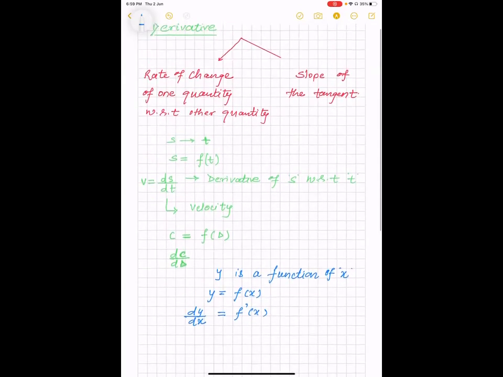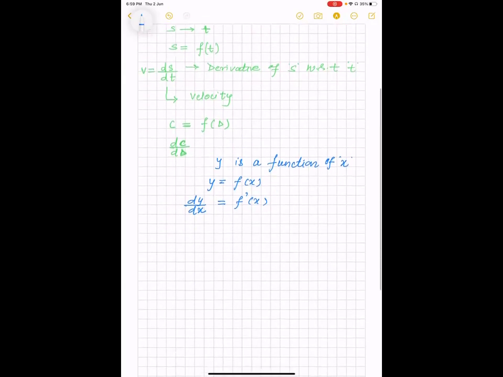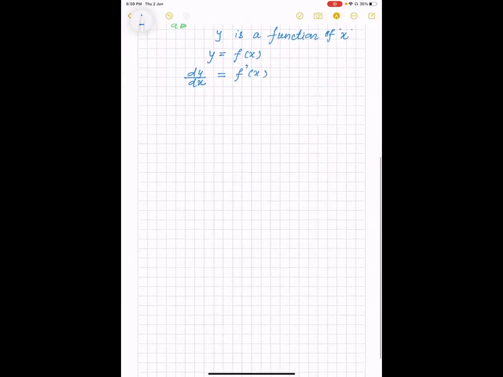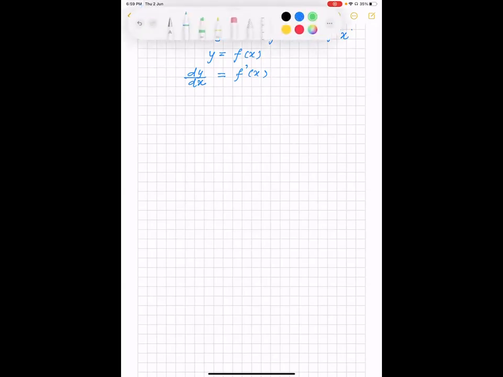Now, after knowing how to represent derivative, the question comes, how do you differentiate? For that, we have some set of formulas which we will be following to find the derivative of different kinds of functions. So let us note down all the formulas.